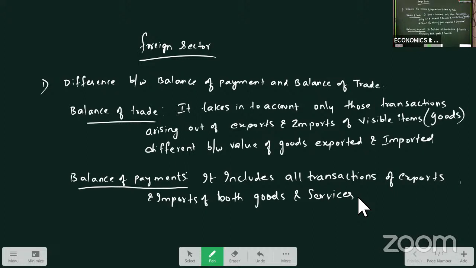So balance of payment includes all the transactions. Balance of payment is equal to C plus I plus G plus X minus M. That means it includes all the transactions which give rise to national income.